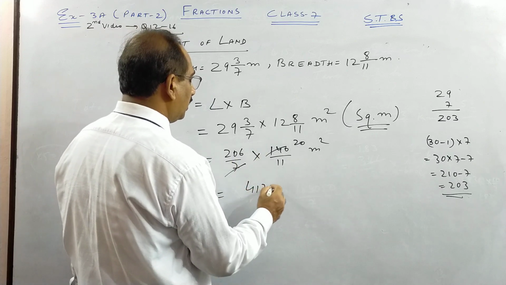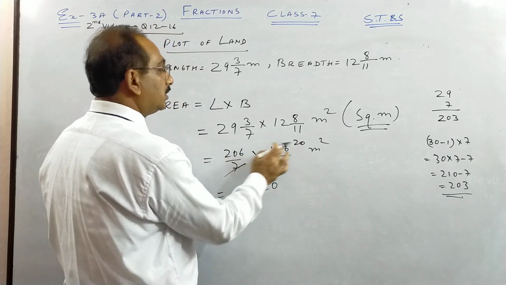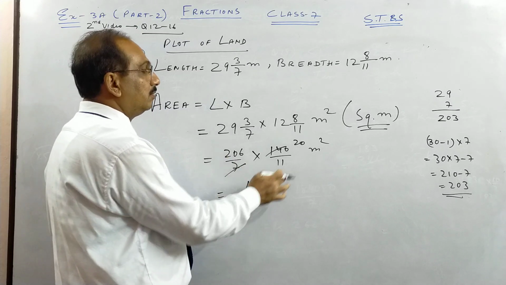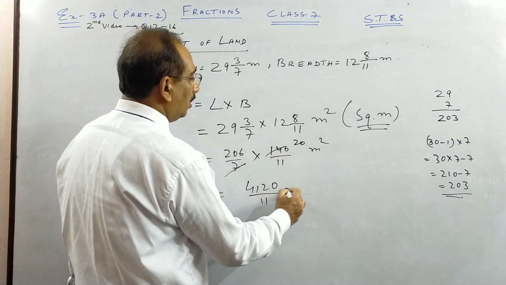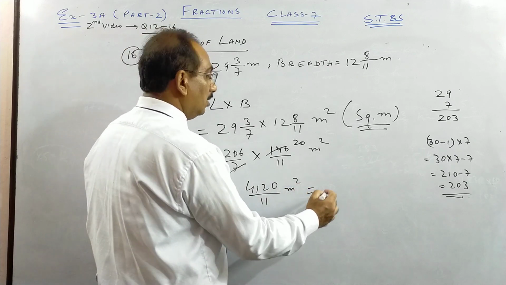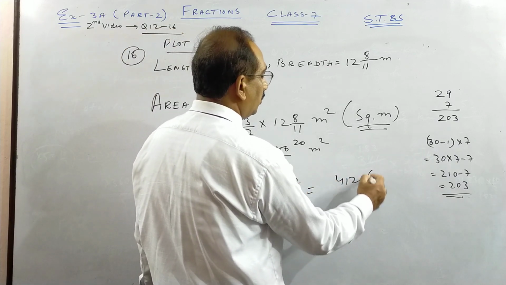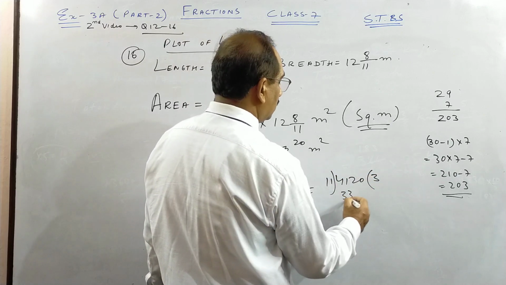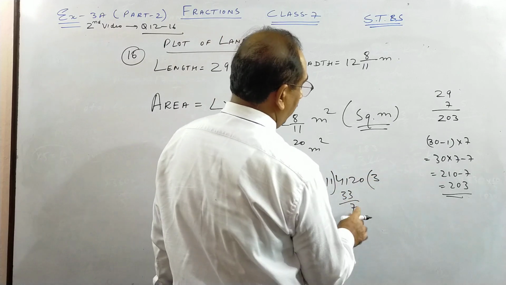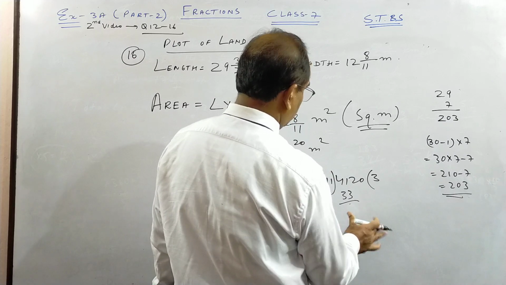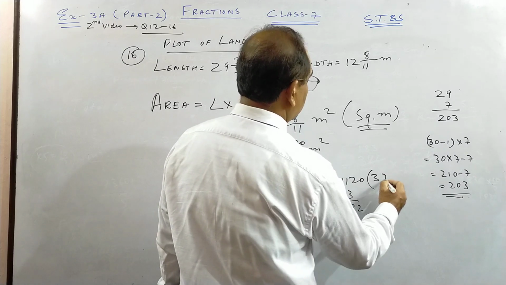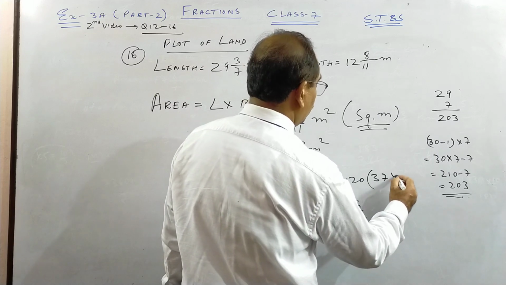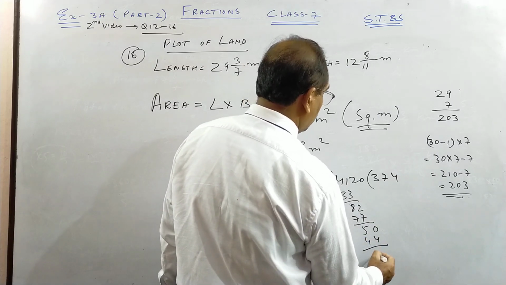206 2s are 412. 206 2s are 200, 2s are 400, 6 2s are 12. Put 10 by 11. So finally, this is little smaller, therefore I am doing it for you. 11 3s are 33, 7, 8 comes, children. 8 to 77, 504s are 44.